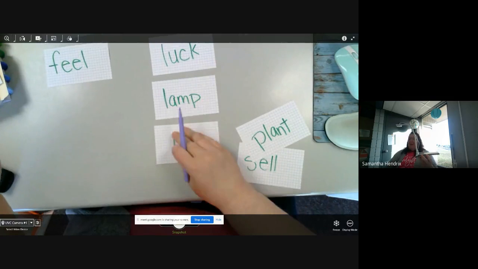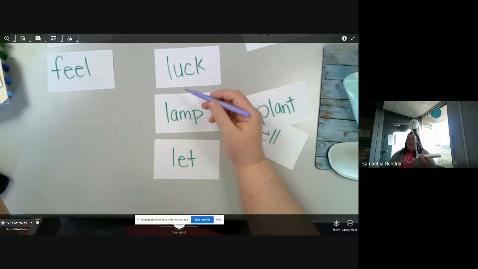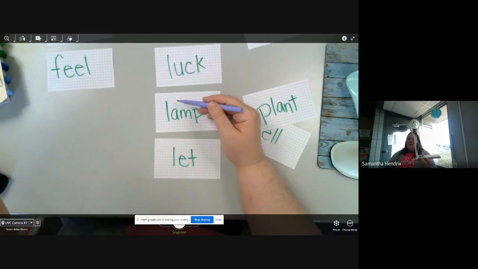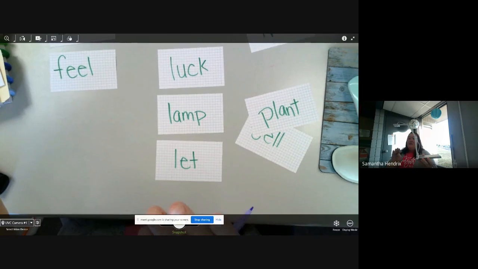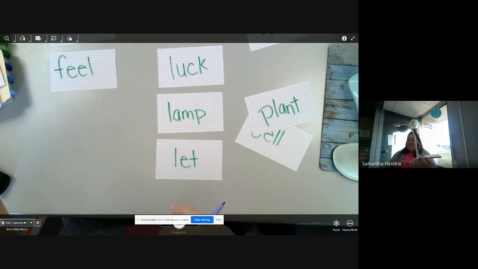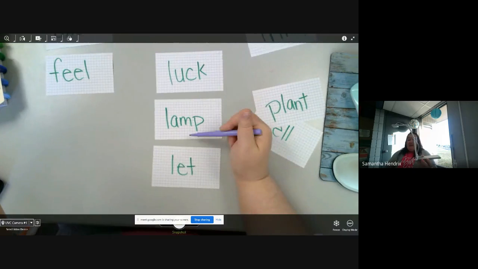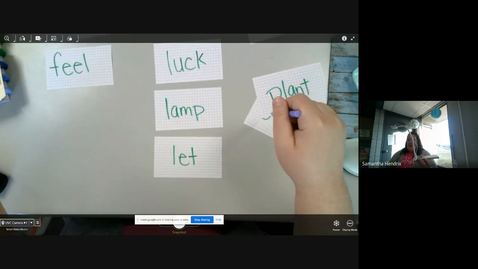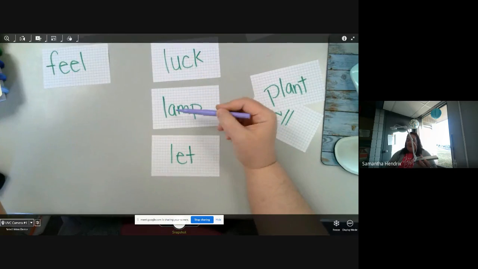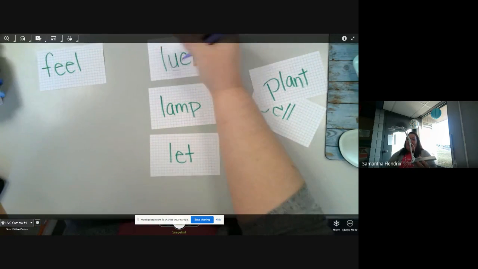Now this is only when we have more than one word that starts with the same letter. If they all start with a different letter, then it's fine. We don't need to go to the second letter on any of the other words that have a different letter. So on these 3, we have to go to the second letter.